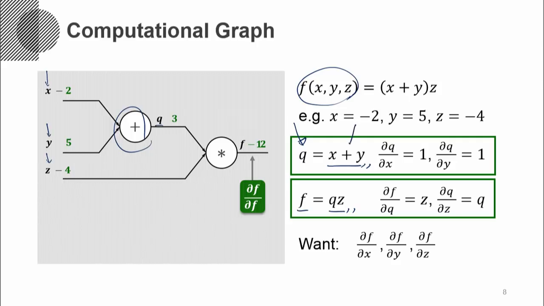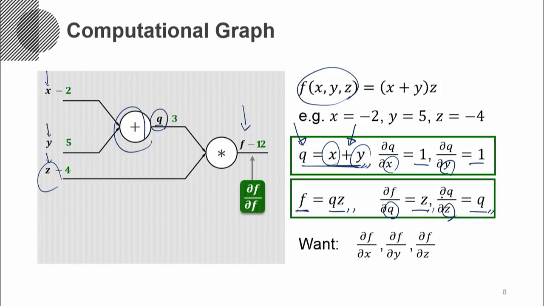So if we take the derivative on this equation with respect to these two inputs x and y, then we can obtain those values. And then given this f expression composed of q and z, if we compute this partial derivative with respect to q and z, then we will have these results.